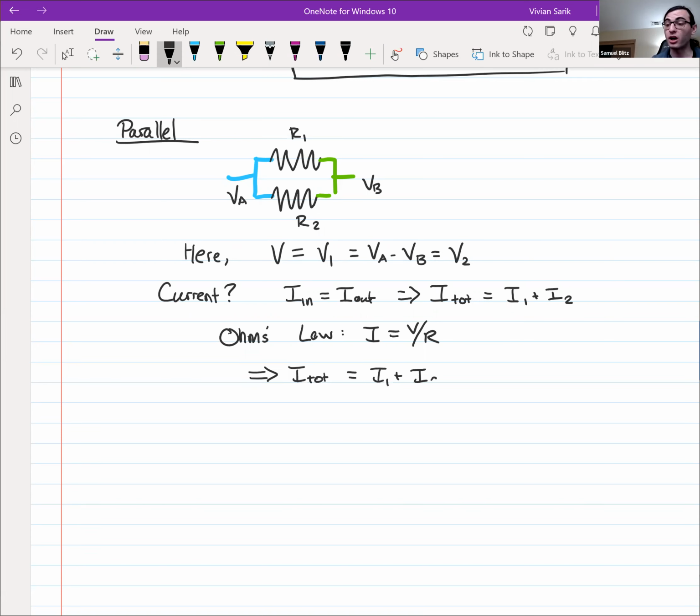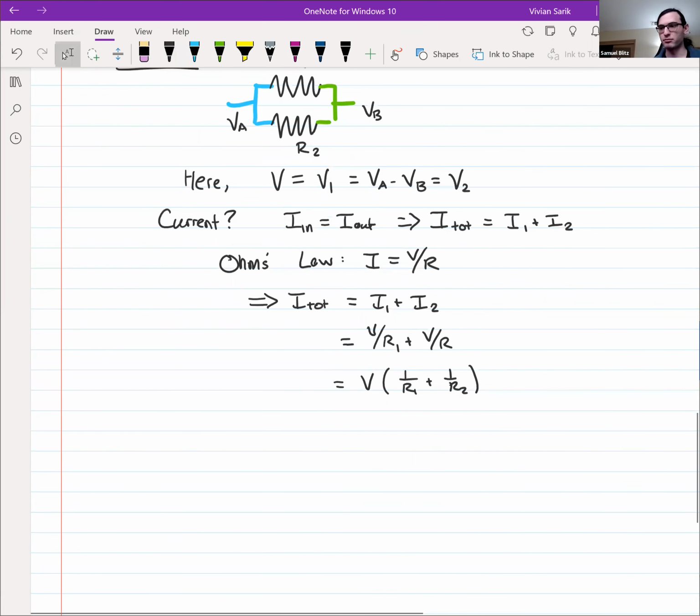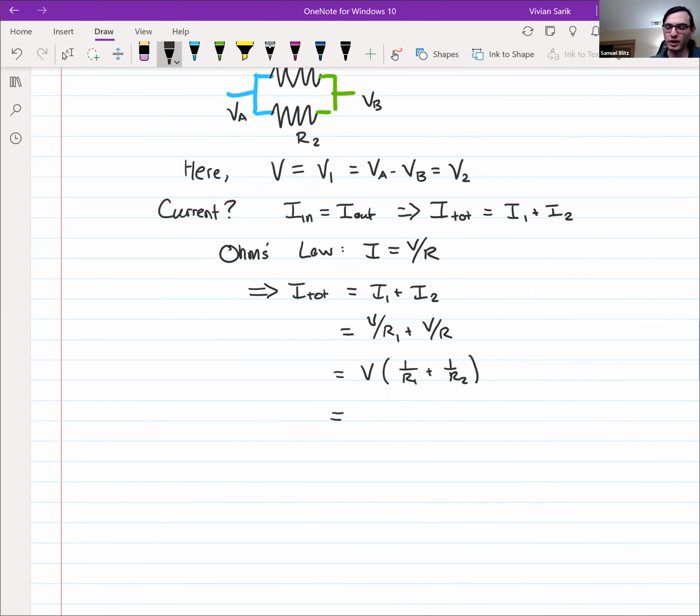We can use Ohm's law to rewrite I1 and I2 as V over R1 plus V over R2. We can do some simplification. We get V times 1 over R1 plus 1 over R2. And then we can divide by 1 over the thing. So we get V divided by 1 over R1 plus 1 over R2.